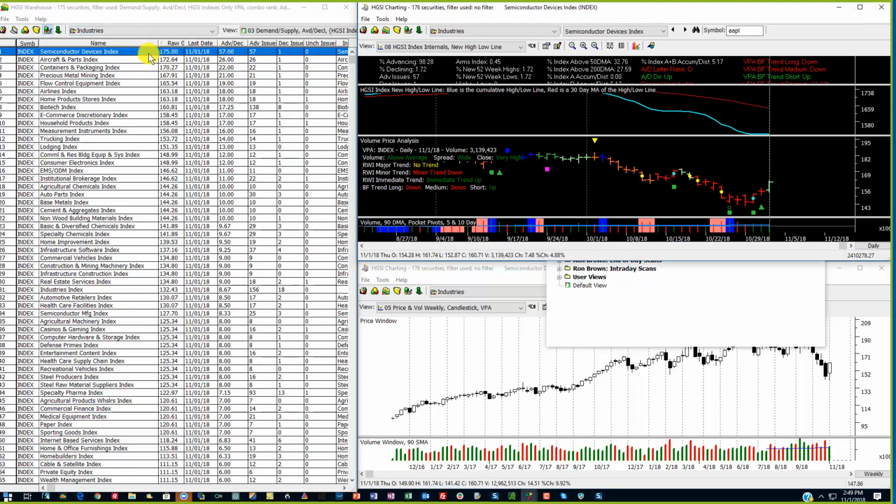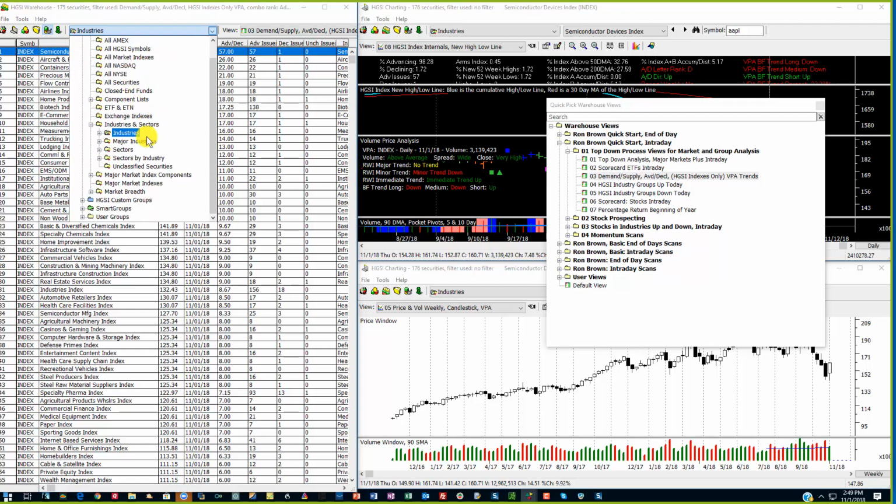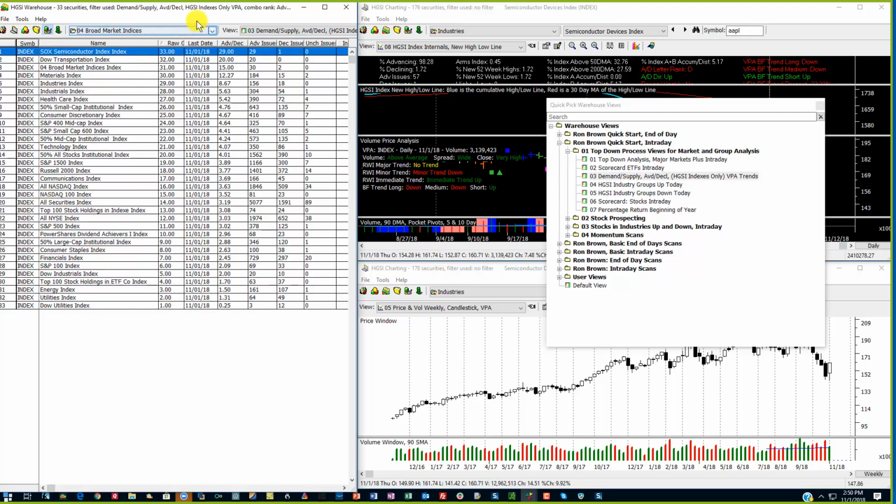So I'm going to get out, let me go back to where I usually work from. I'm usually working from the broad market indices, and I am looking at a much broader industry to get a feel for the markets.